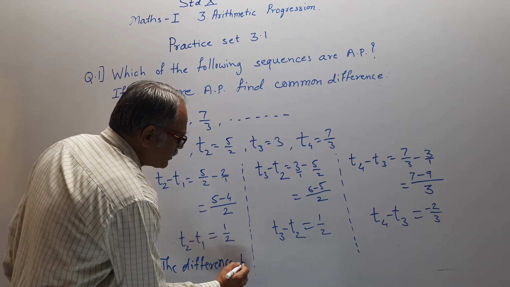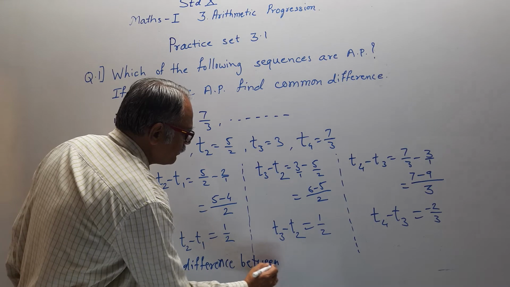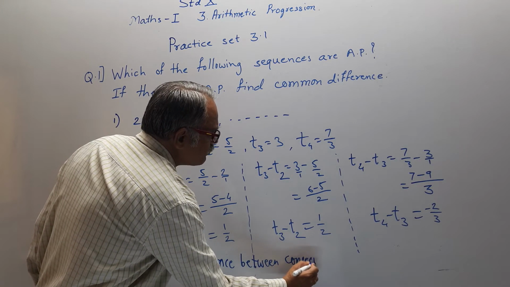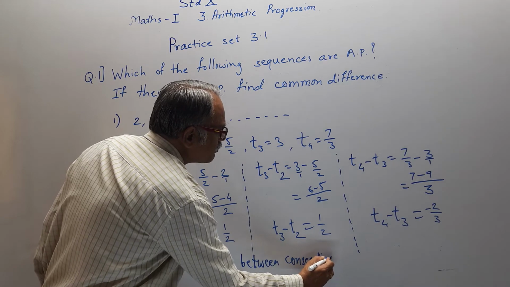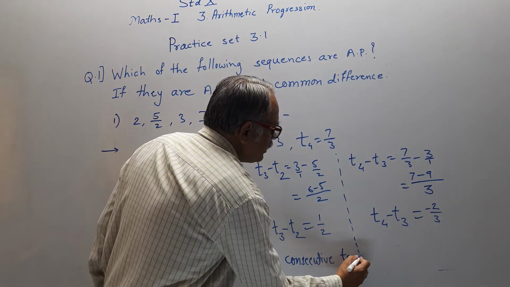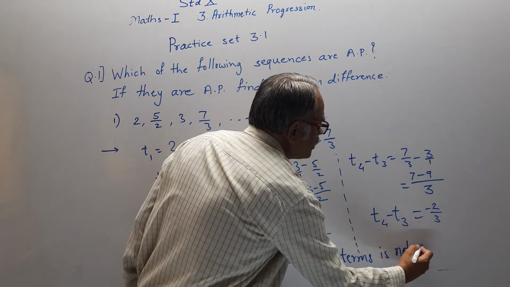Consecutive means which come one after another, next minus previous, is not constant, not same.